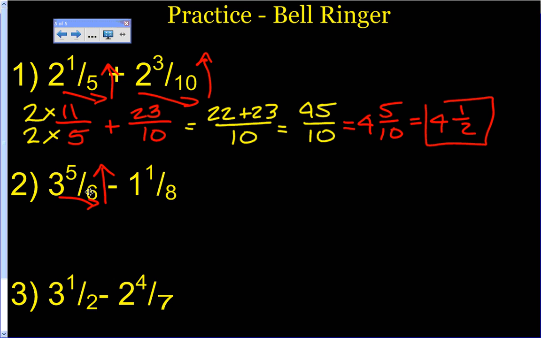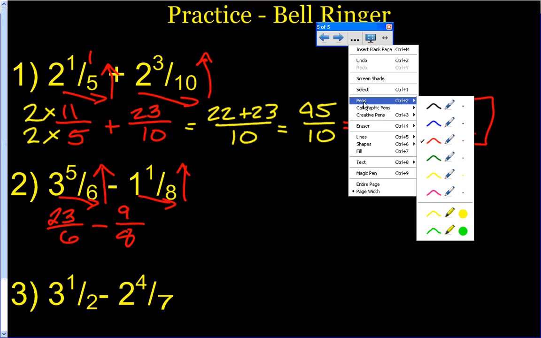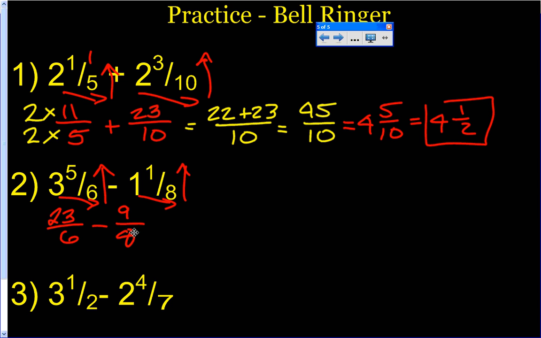3 times 6 is 18, plus 5 is 23 over 6. 1 times 8 plus 1 gives me 9 over 8. So now you've got to figure out what the least common denominator is. If you can't figure out what the least common denominator is, then a common denominator would be, multiply these together, it'd be 48.